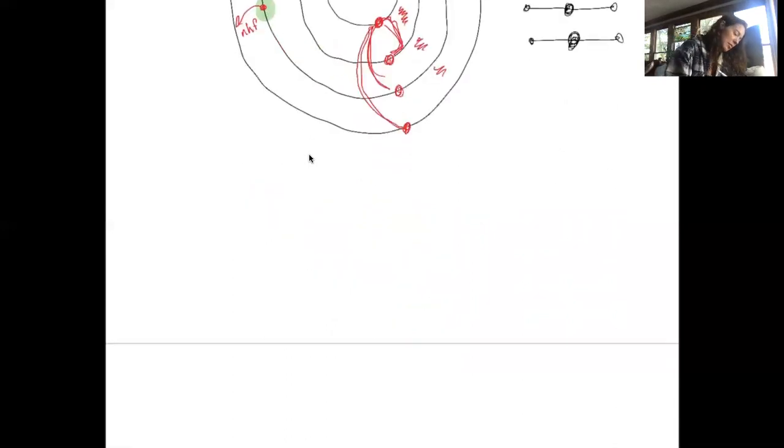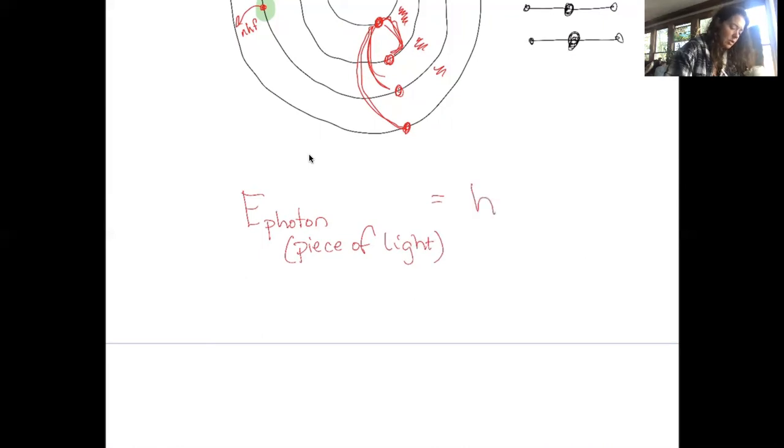Now, what that means is the energy of the photon, we're almost done here, which is a piece of light, is equal to h times f.